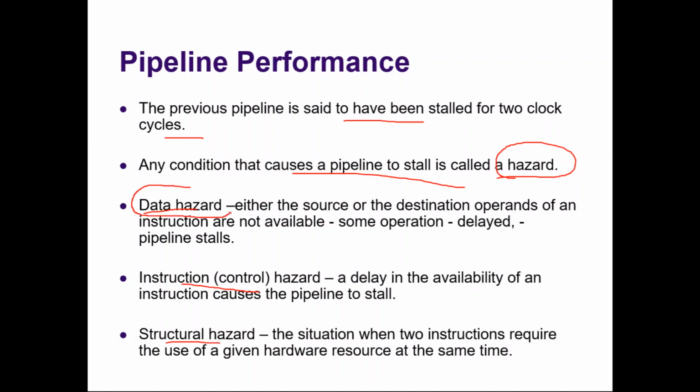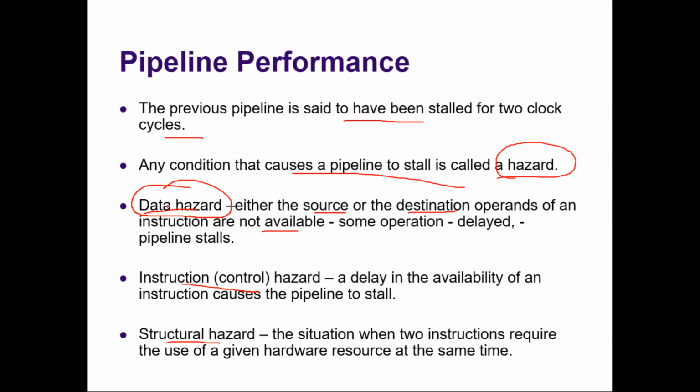Data hazard happens if a data is not available. If the pipeline gets stalled because of the unavailability of data, that is some source operand, source meaning input operand, or some destination or output operand is not available, in that case the pipeline is stalled, and that is called data hazard.